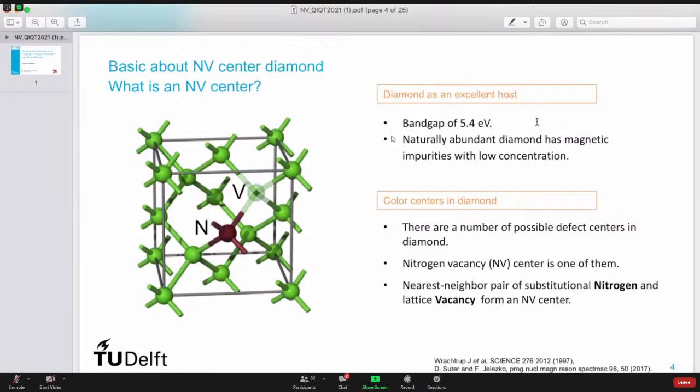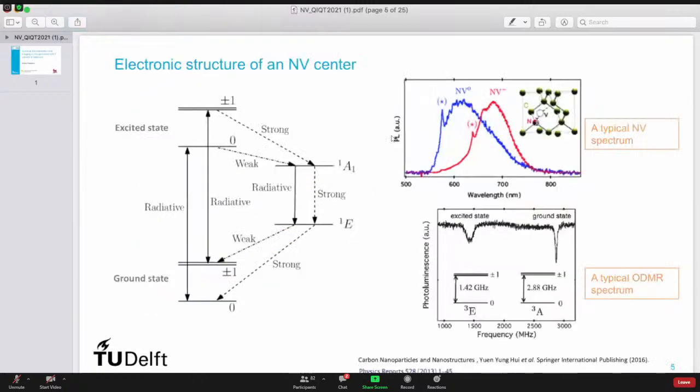Now when it accepts one more electron, it becomes a negatively charged nitrogen vacancy center in diamond, and that is the one which is mostly exploited so far. Now let's have a look at what the electronic level structure looks like. This is the electronic level structure for a negatively charged, or NV minus, center.